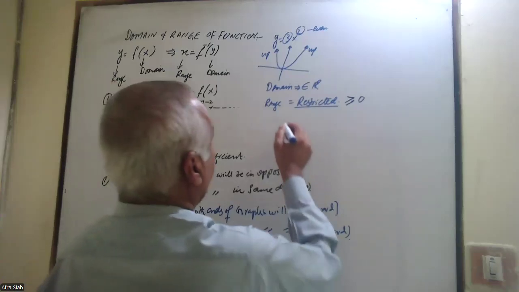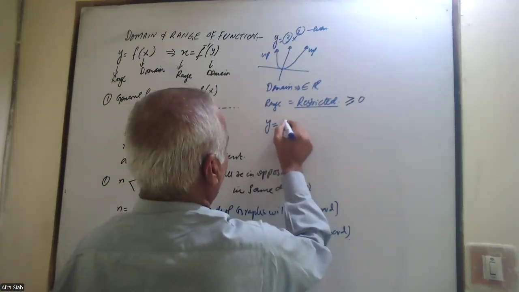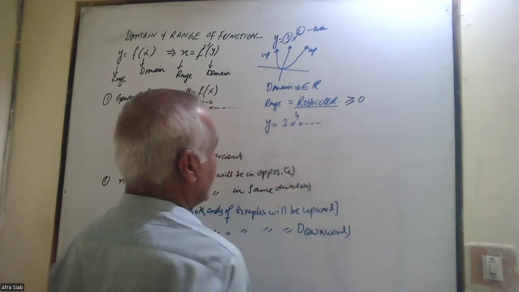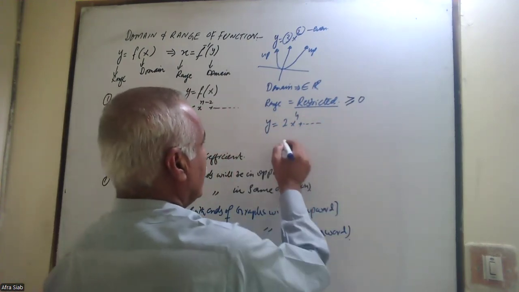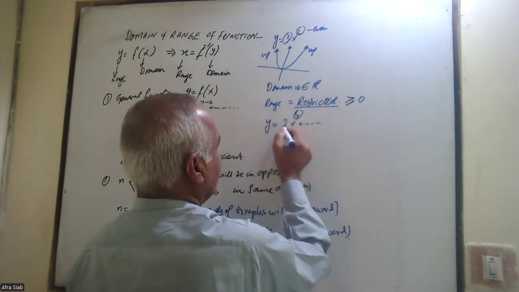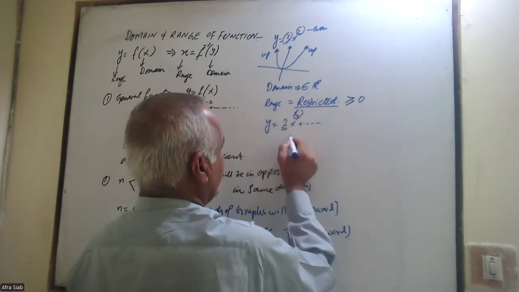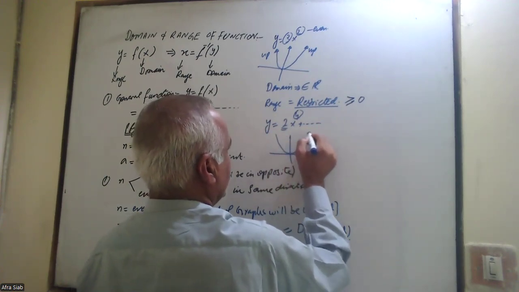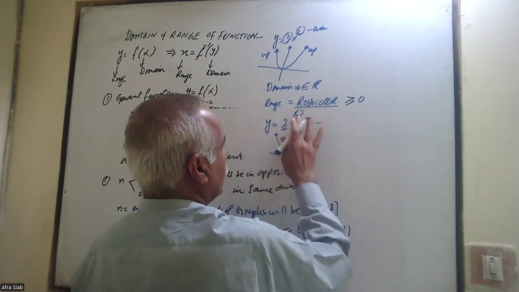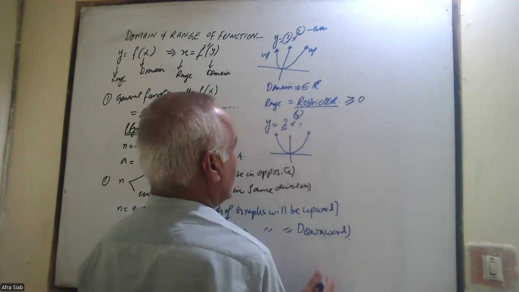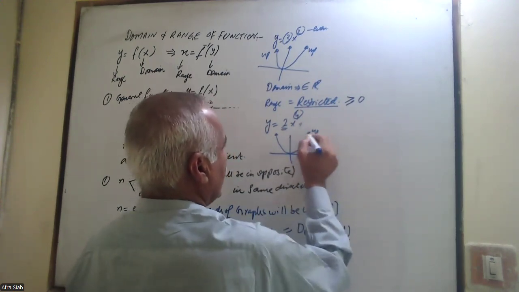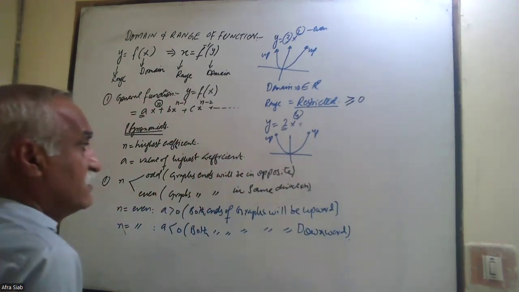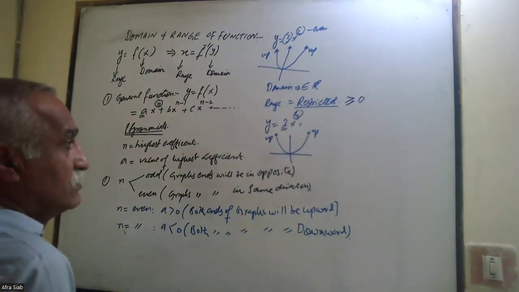And if we draw the graph of y is equal to 2x to the power 4 plus something like that, then again the power is an even number and the coefficient is positive, so the graph will be upward. That means both ends are going to be upward, but the range of this graph is restricted to greater than or equal to 0.